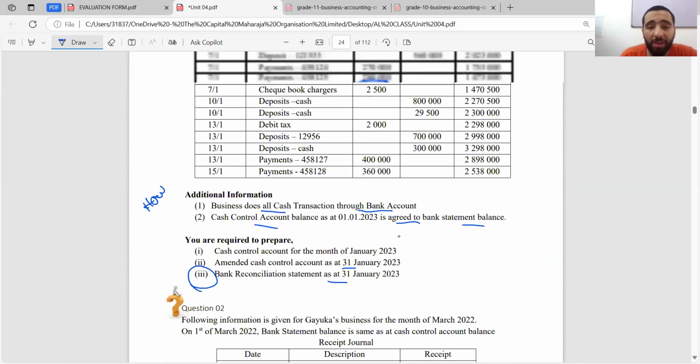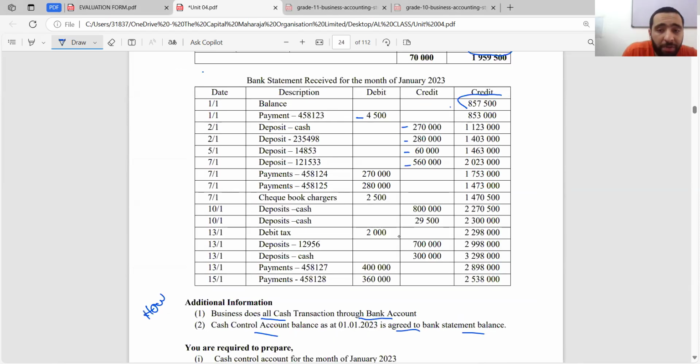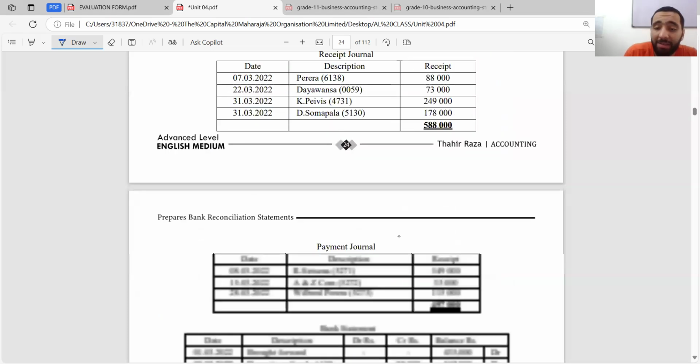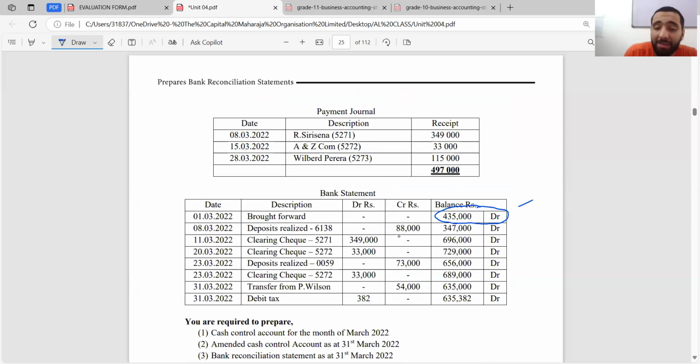In the previous question, the 857,000 opening balance was a credit balance. If in the bank statement we use a credit balance as a positive balance, then a debit balance in the bank statement is a minus balance. Keep this in your mind and quickly let me know what the answer for the cash control account balance is.